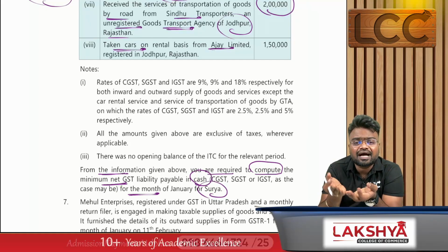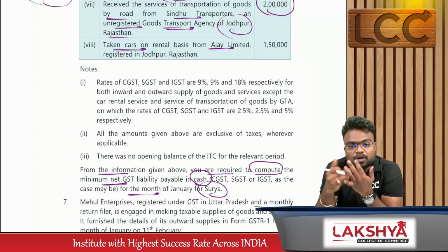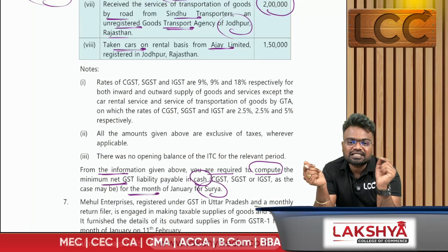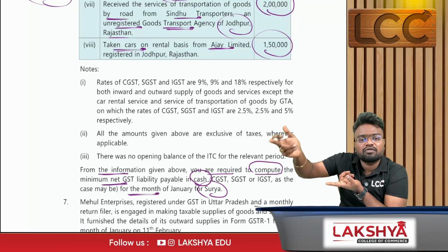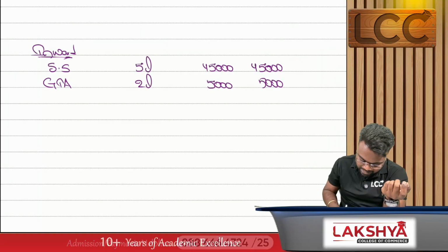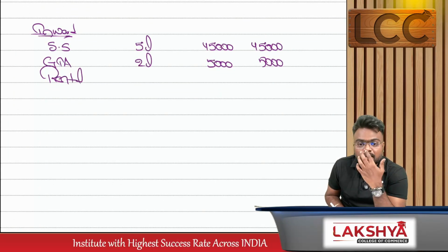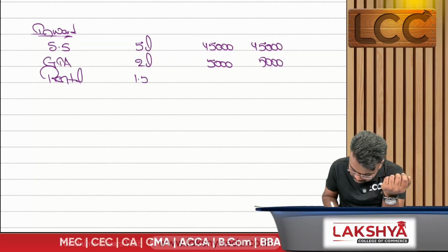Next, taken cars on rental basis from Ajay Limited. Ajay Limited is a body corporate. So any rental services provided by body corporate to any person, what is applicable? FCM. That means on that 1.5 lakh, we already paid tax. So we can claim that amount as ITC. So rental services, what is the amount? 1,50,000.